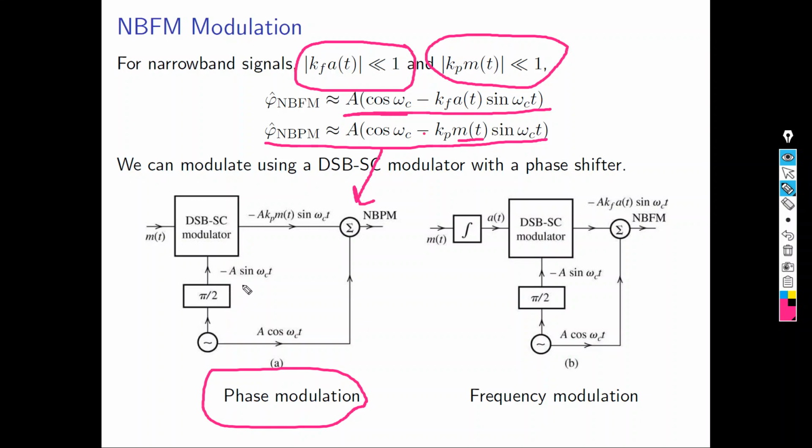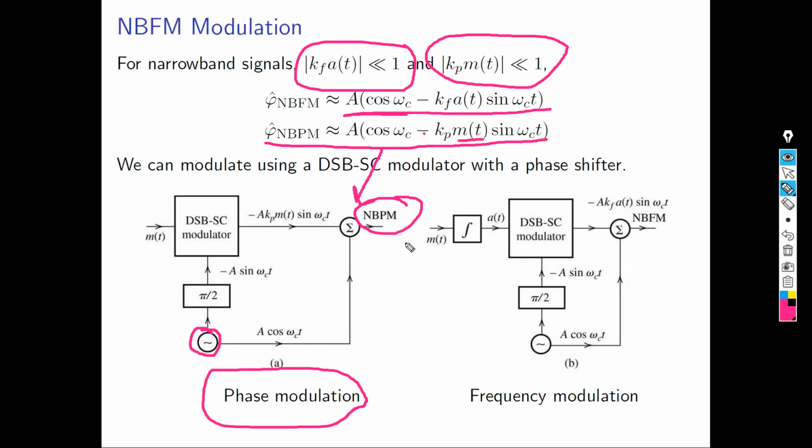You have cosine omega c multiplied by a, from the carrier generator oscillator, a cosine omega c, and then you sum them together and you get the narrowband FM. So the formula you get here is this.